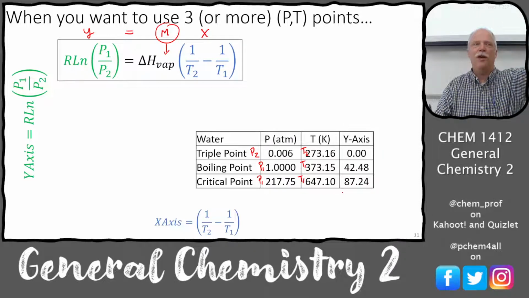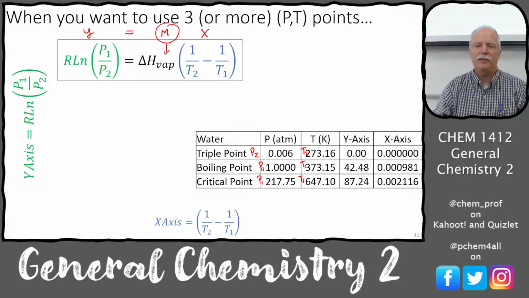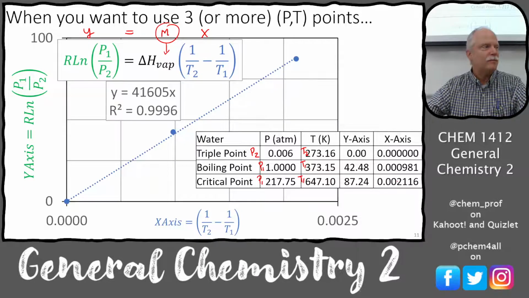So those are my three y values. What are my x values? I have T2 here. If I have 1 over T2 and then I treat this as T1, I end up with 0 because they're the same number. If I make this one T1, I get this number. If I make this one T1, I get that number. Okay, so I have my y values and my x values, and I plot them.